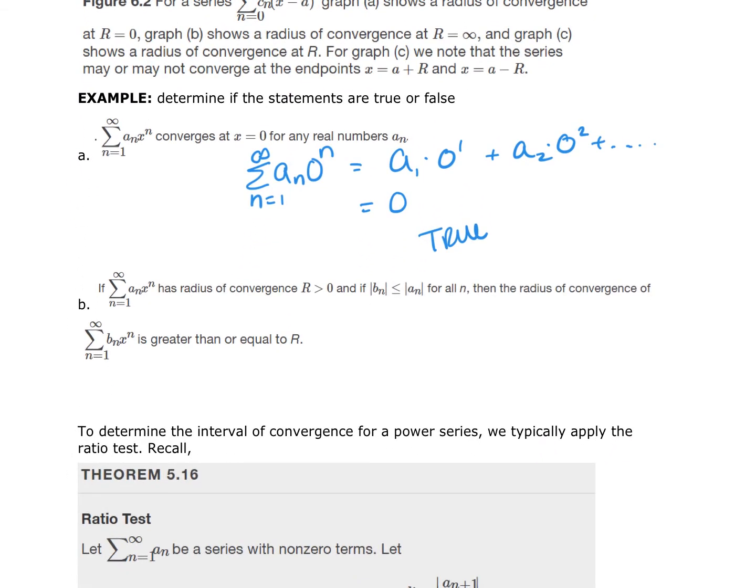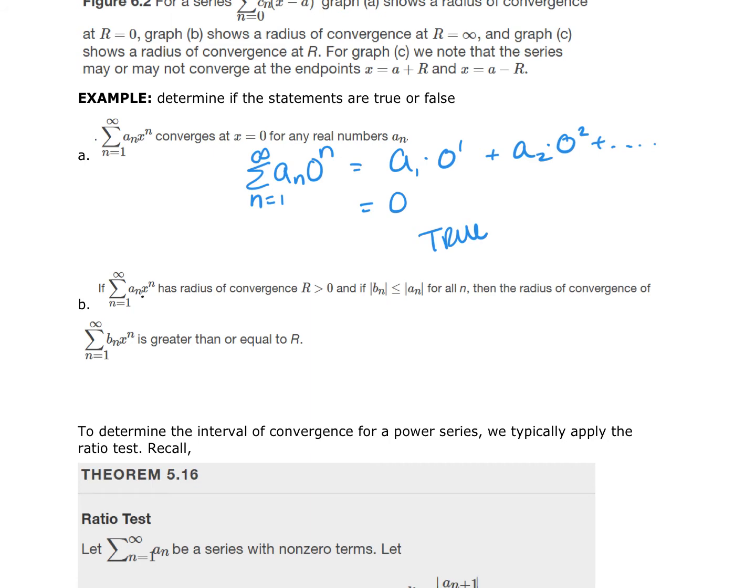Let's look at our second true and false. If we have this series, which from n equals 1 to infinity of a sub n, x to the n, has a radius of convergence greater than 0, and if the absolute value of the coefficient b sub n is less than or equal to the absolute value of the coefficient of a sub n for all n, then the radius of convergence for the second series, n equals 1 to infinity of b sub n, x to the n, is greater than or equal to r.